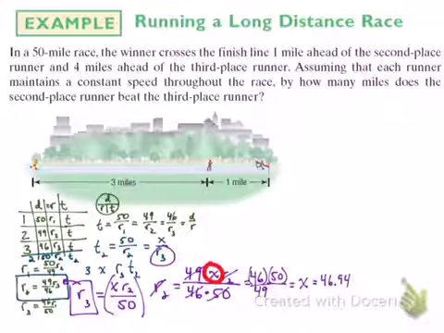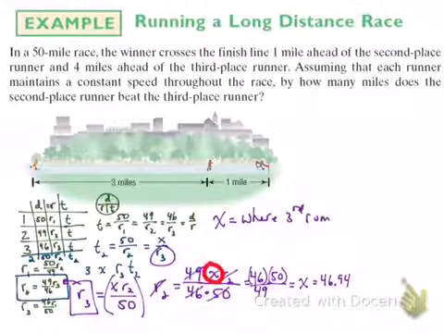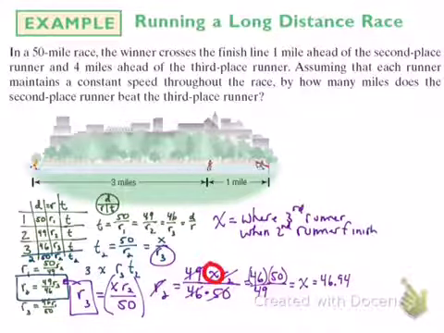And so that X is where the runner is. I should have defined my variable earlier. X is where the third place runner is when the second runner finishes. The question doesn't ask where the third runner is. It asked how many miles the second place runner beats the third place runner.